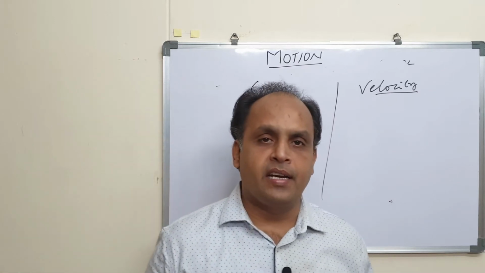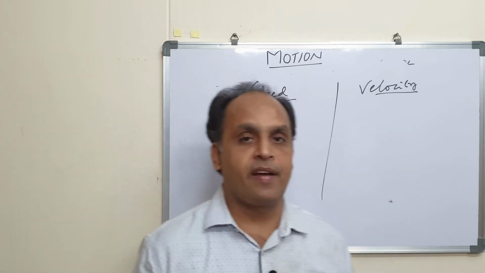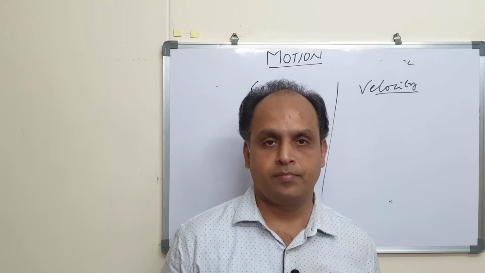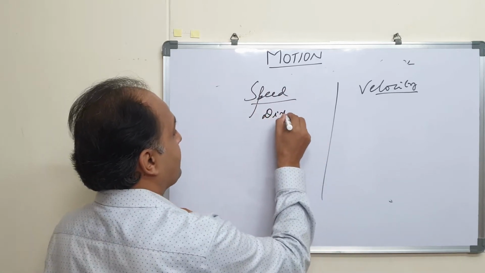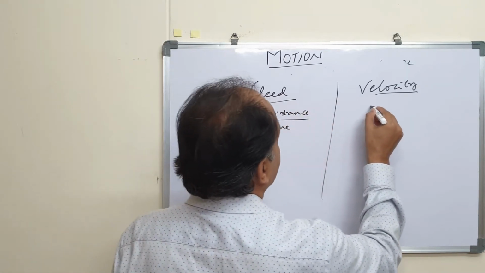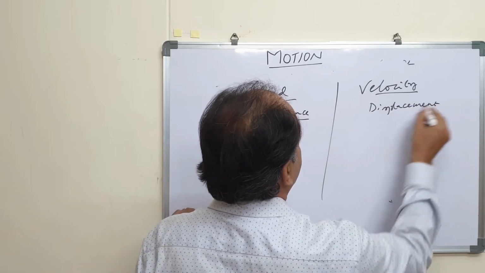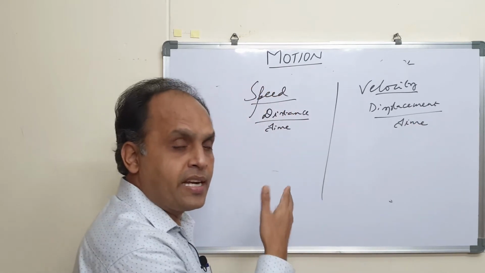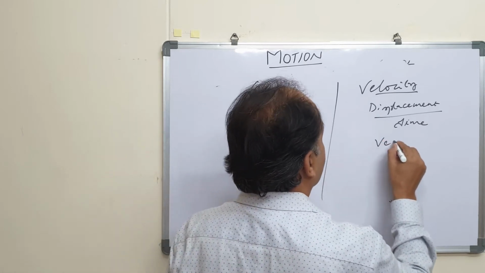Speed, we have defined as the rate of change of motion, whereas velocity, we define as the rate of change of motion in a specific direction, which also means this is distance covered in some time, and this is displacement of the body in some time. Here we don't associate any direction, so this is a scalar and this is a vector.